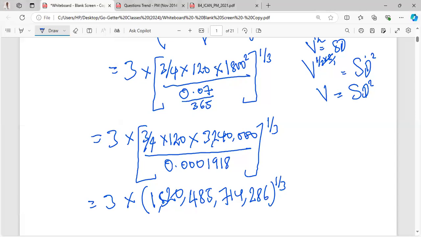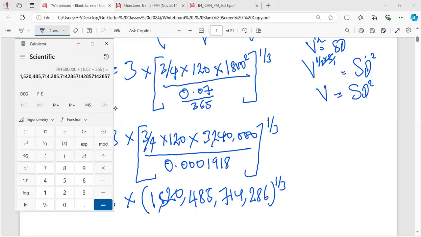Now, I will not clear everything out. Even though I'm writing it to the nearest whole number, I'm using this whole thing. So how do I do 1/3? I'll just say raised to power. I'll open a bracket, because if I just do without this bracket, if I just do 1 divided by 3, I'll be making an error. It means I'm just doing raised to power 1, which is everything.